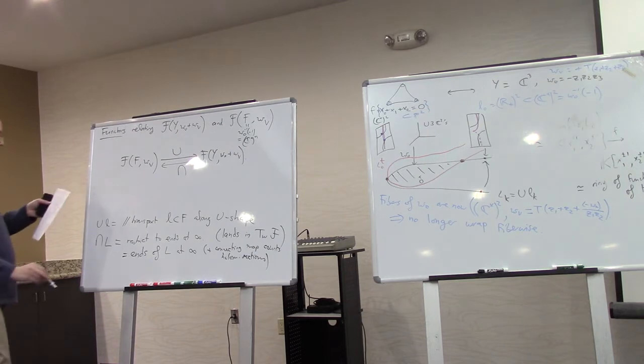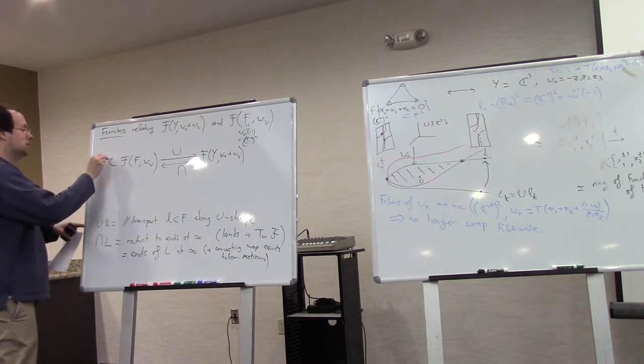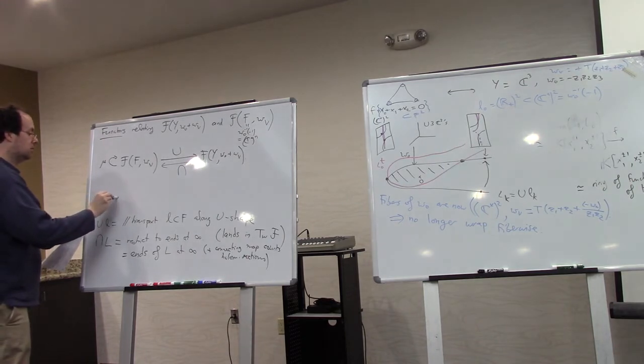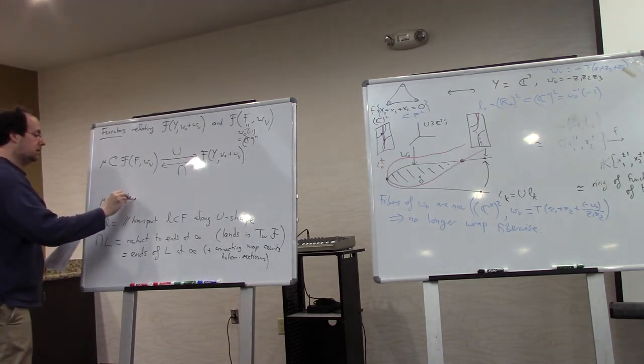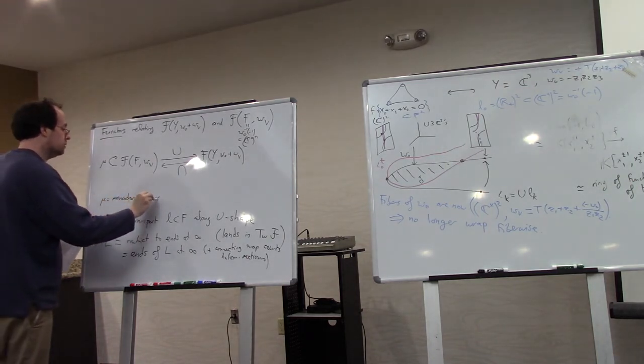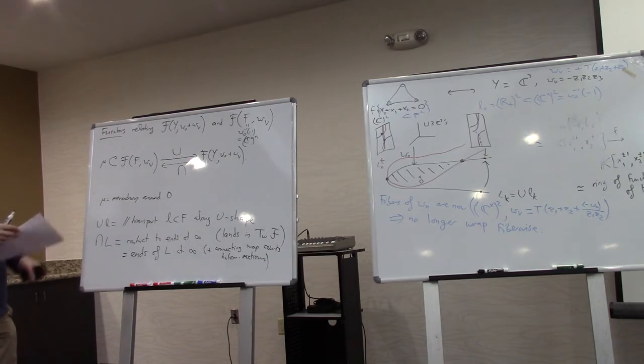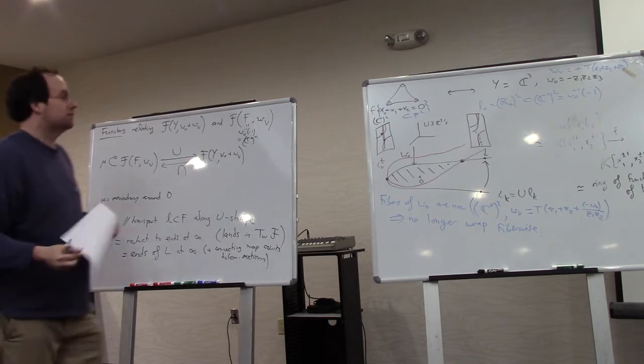And then there's something else we can think about, which is the monodromy around the origin, which acts on the Fukaya category of the fiber.